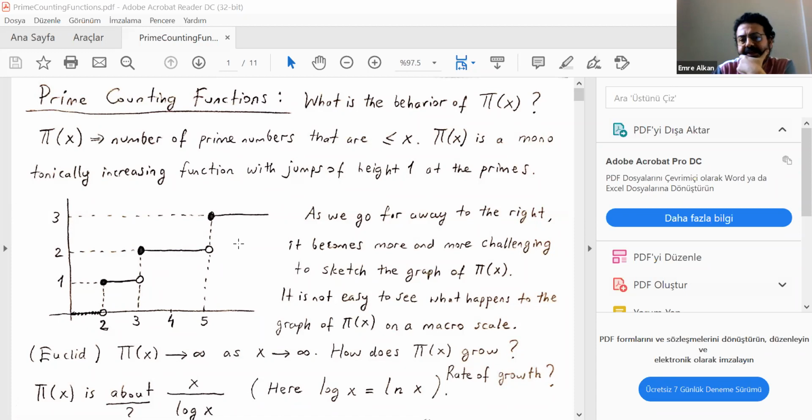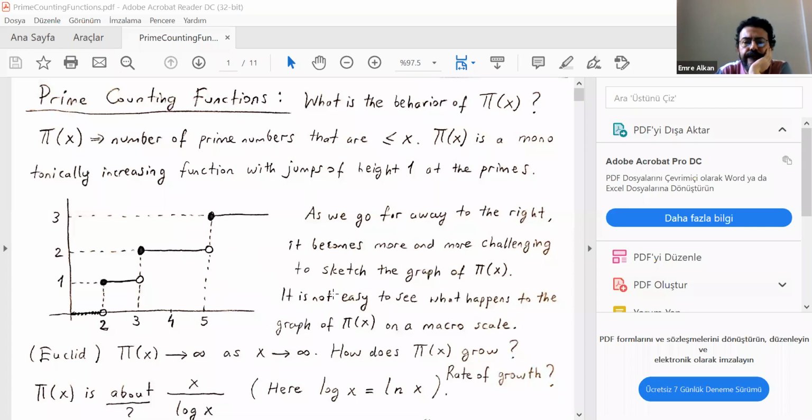It turns out that, as we go far away to the right and accumulate more and more parts of this graph, it becomes more and more challenging to sketch the graph of pi of x, especially the length of these steps, which might vary clearly. If you really try it, you will see the difficulty of doing it by hand.